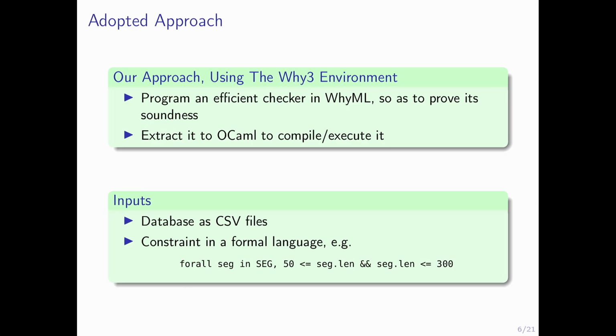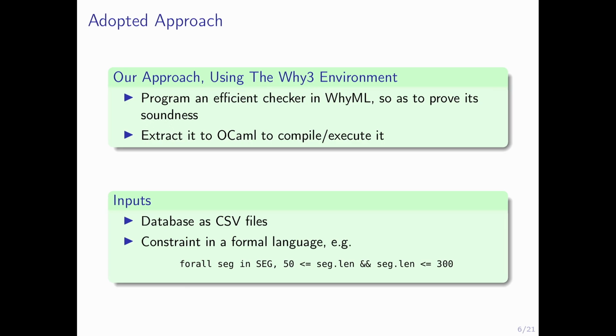In particular, let me give you detail. When you define a code like this in Why3, you can compile and execute it by extracting first to OCaml and compiling it regularly. That's the main idea of the tool that we designed.